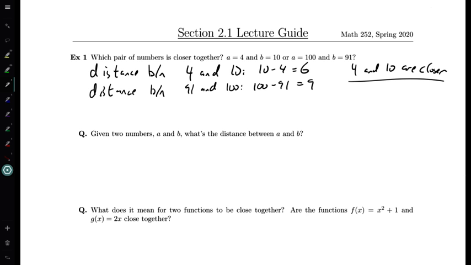So not the most exciting question, but maybe we want to generalize this, and we want to think, well, what does it mean to be the distance between two numbers a and b? So we're now looking at the question here following example 1. And we might say, well, what we did there was we subtracted the numbers, so maybe let's write down this a minus b thing.